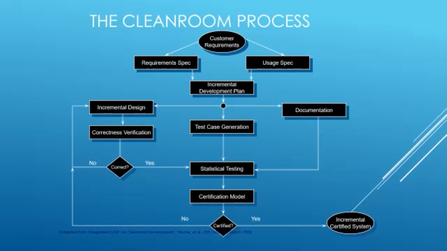Suppose correctness or verifications are carried out, yes, go to the statistical testing and certification model. Again, we have to check whether it is certified or not. If certified, then go to the incremental certified system. If no, then again go to the previous process and further process is carried out up to the certified model.